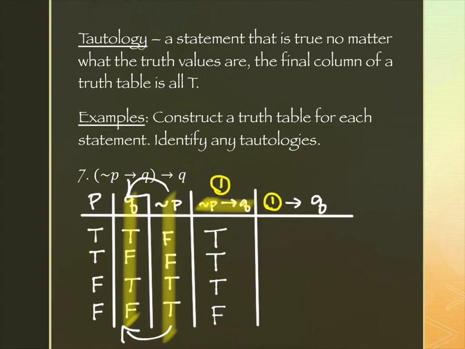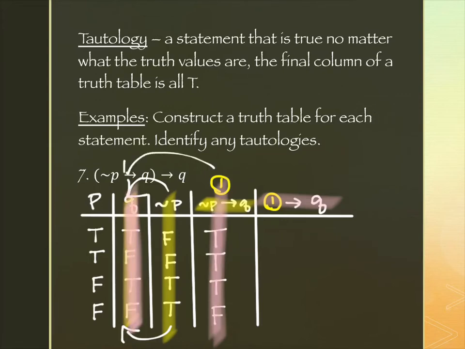Okay, we have one more column. This is column 1 implies column Q. So these are my columns. And again, I'm going backward, right? Row 1 in the tilde P arrow Q column says true implies true. That's true. Right?